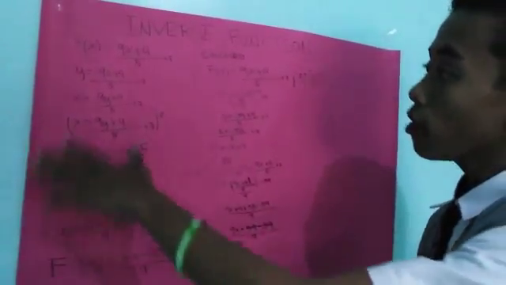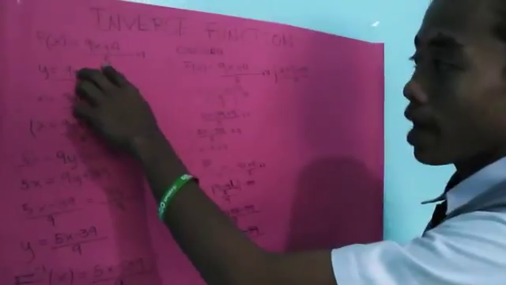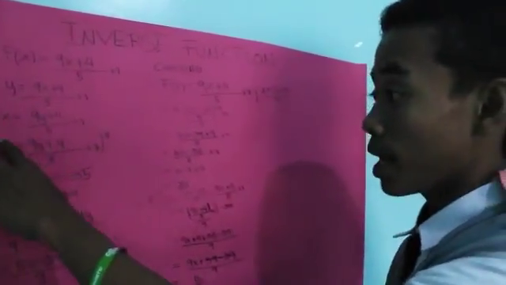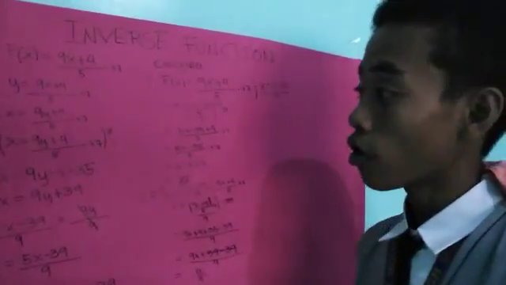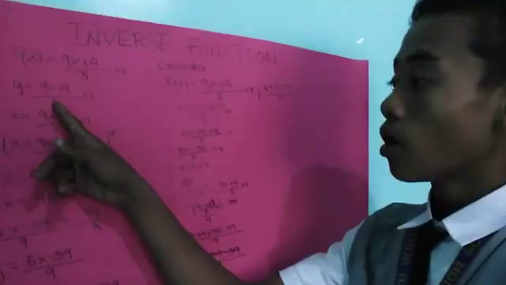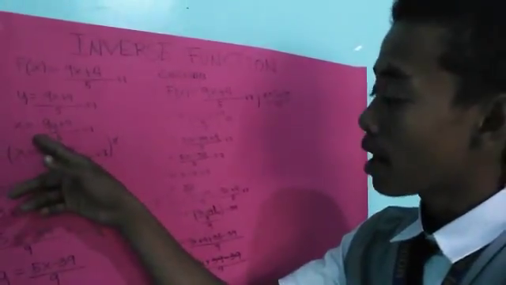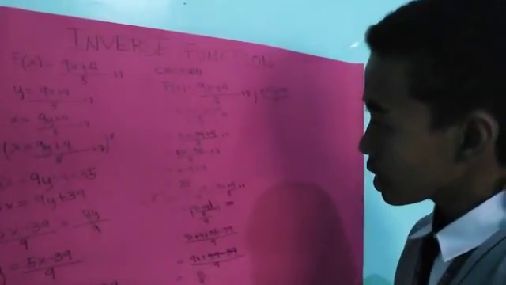So f of x is equal to (9x plus 4) over 5 plus 7. So interchange x and y. So y is equal to (9x plus 4) over 5 plus 7, and x equals (9y plus 4) over 5 plus 7.